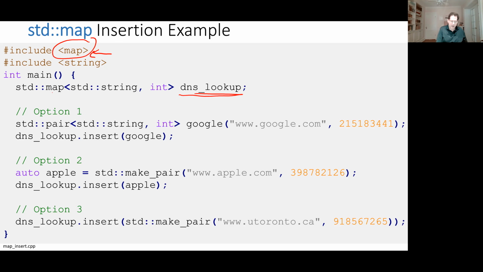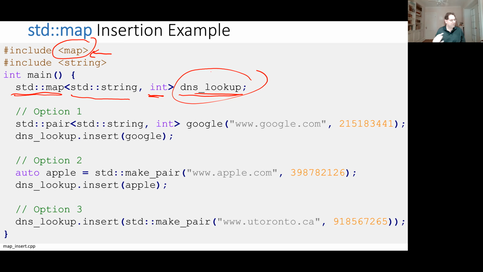I'm asking for a standard map, and I need to say what the key is. The key type is going to be a string, because I want to look up by name. And the value, the data that I would like to come along for the ride, is the IP address associated with that string, so that's an integer. Okay, so this has created a binary search tree for me. It's initially empty. I didn't specify anything in the constructor, so I get an empty binary search tree.